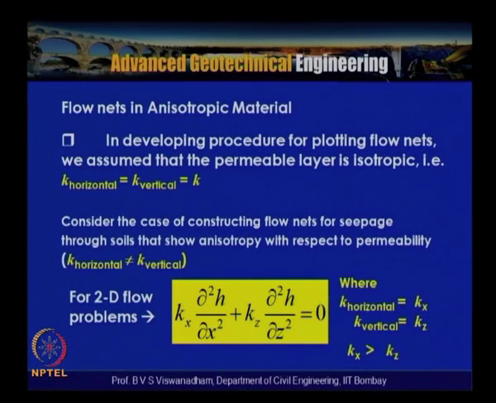So we have discussed the Laplace equation when Kx is not equal to Kz. For two dimensional problems we can write Kx ∂²h/∂x² plus Kz ∂²h/∂z² is equal to 0, where K horizontal is represented as Kx and K vertical as Kz, and Kx is greater than Kz.